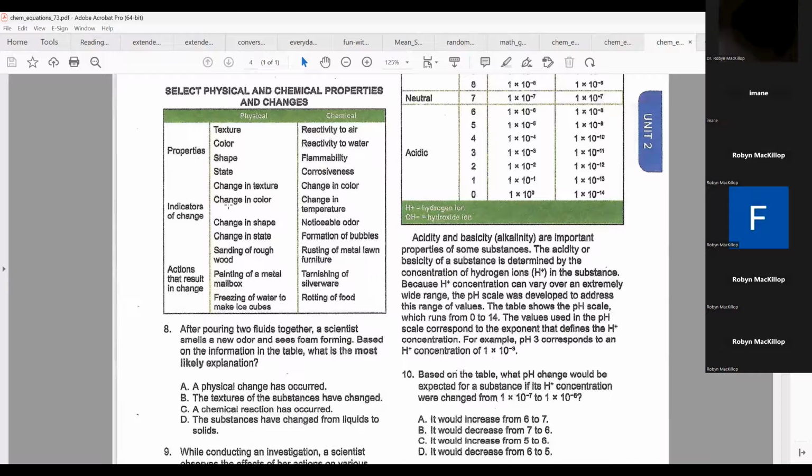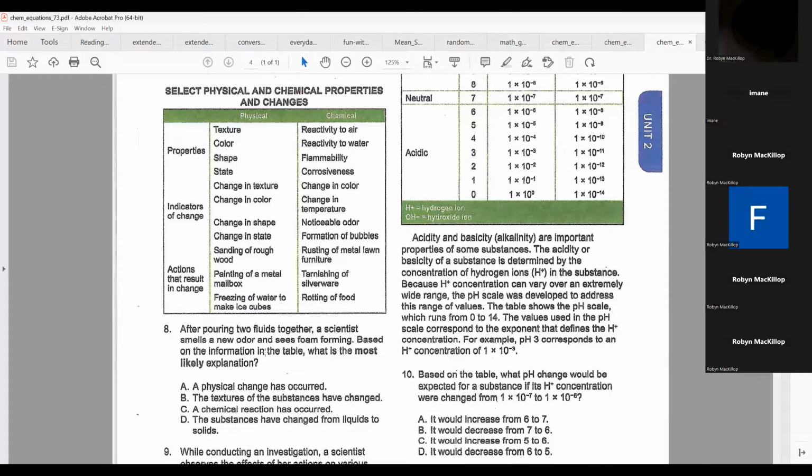It's just water in an ice cube or water in a glass or water as steam. And then chemical reactions are different. They actually change something completely. Some of them can be relatively simple, like change in color, change in temperature and odor, formation of bubbles, or flammability. If you burn something, it changes it. If you burn a piece of paper, it's no longer a piece of paper.